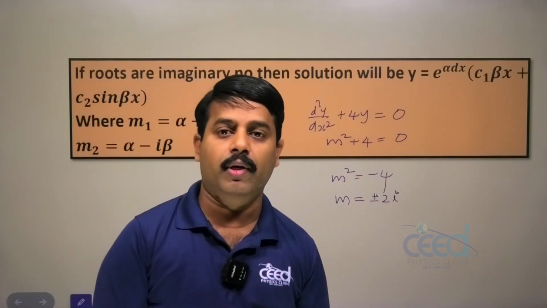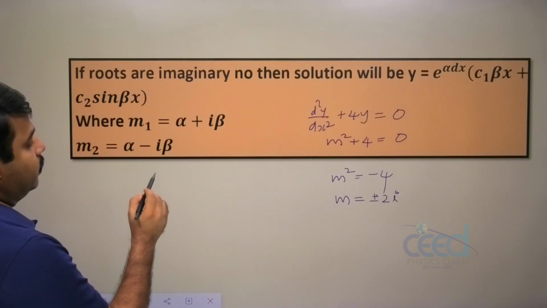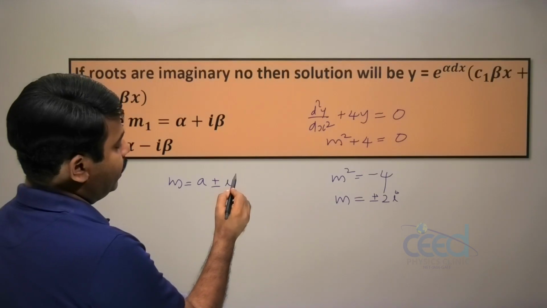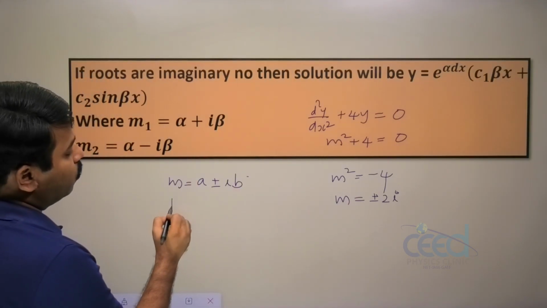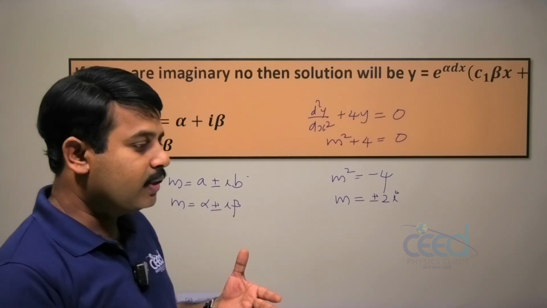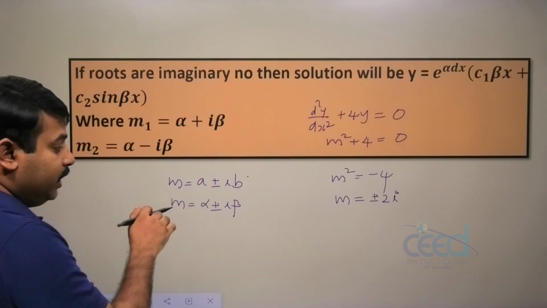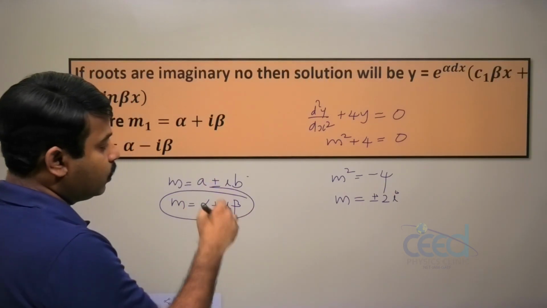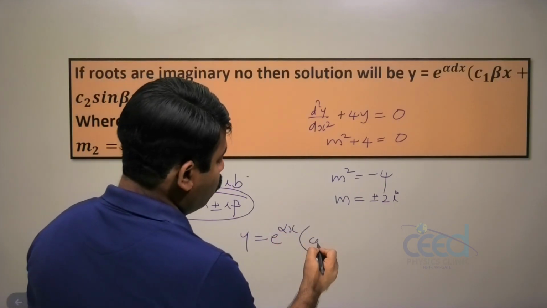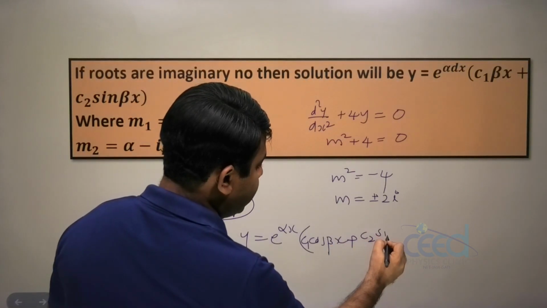The root is a complex number. So suppose our m comes in the form alpha plus or minus i beta, then what is the solution? If you are getting m in this form, then y is equal to e raised to alpha x into c1 cos beta x plus c2 sin beta x.